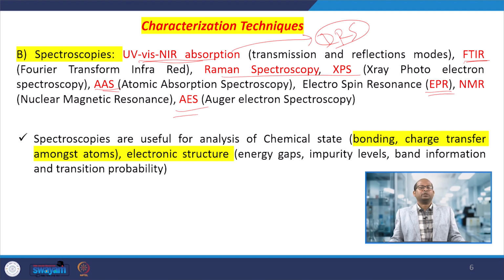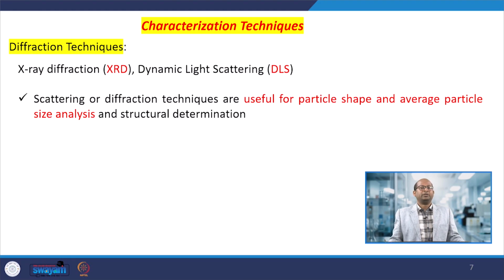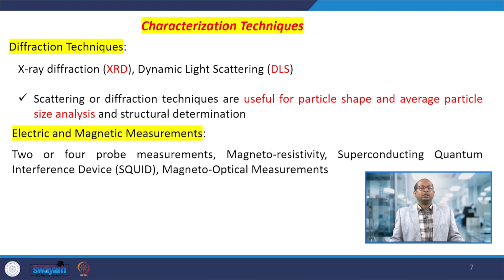These spectroscopic techniques are useful to check bonding, charge transfer among atoms, or electronic structures, which we can detect. Next are diffraction techniques; XRD can be used to find out the material properties, and DLS can also be used. For the electrical and magnetic properties of materials, we can use SQUID measurements and optical measurements.